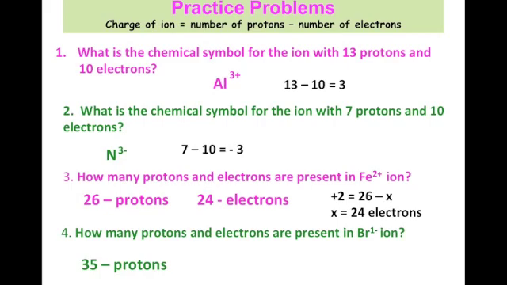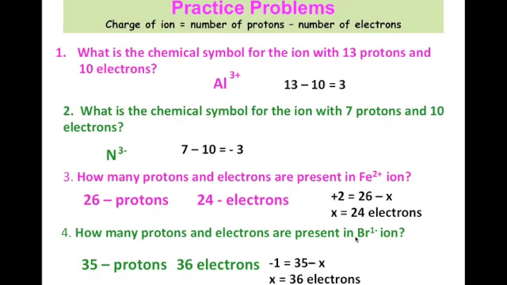To determine the number of electrons, you can substitute the known information into this equation. We have a charge of 1 negative, we have 35 protons, and we're looking for the number of electrons. When we solve for x, the number of electrons would be 36.